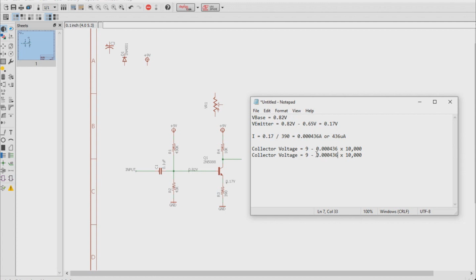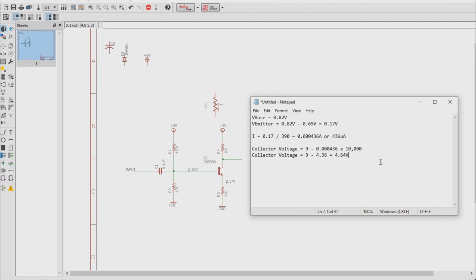We have 9 minus 4.36, which equals 4.64 volts. So that's actually pretty close to biased. It's not exactly 4.5 volts like we want it to be, but it's pretty dang close.